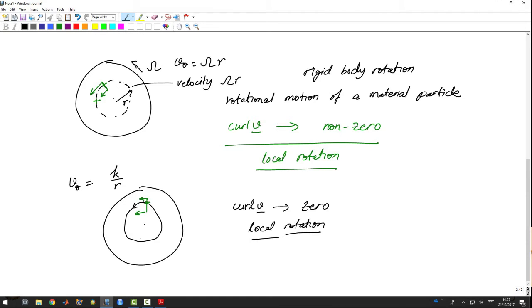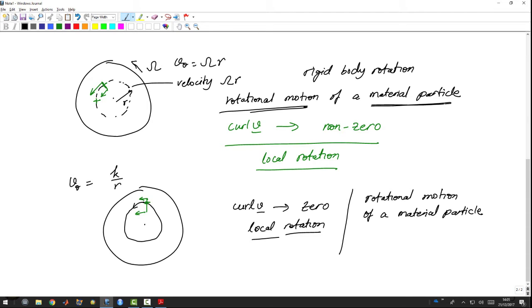So what we see is the overall material particle is still, so rotational motion of a material particle is still the same. In this case also we have rotational motion of a material particle.